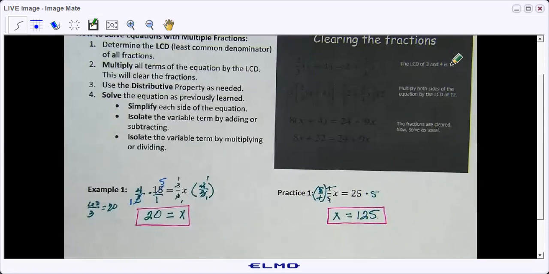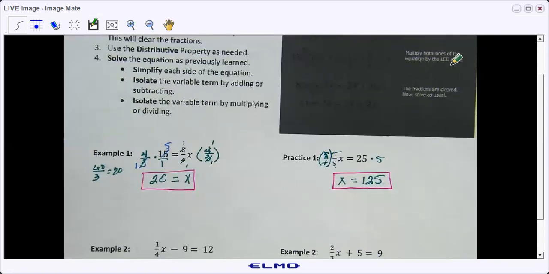Are there any questions on this one? Anyone still working on it? Okay, let's go ahead and move on to number 2.